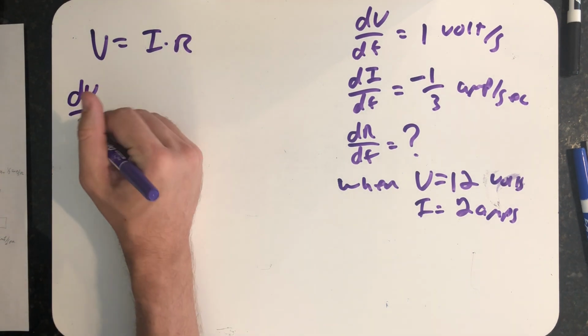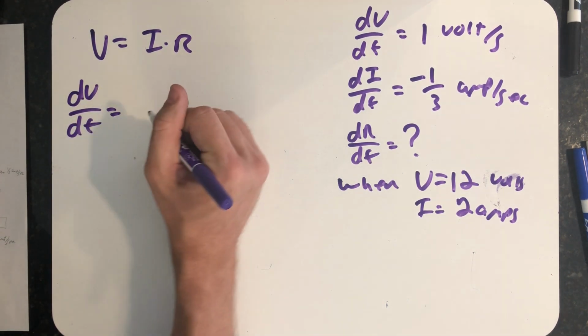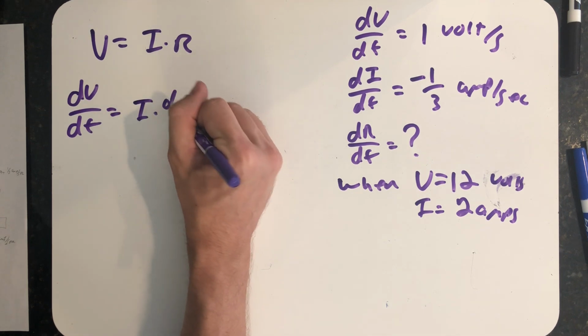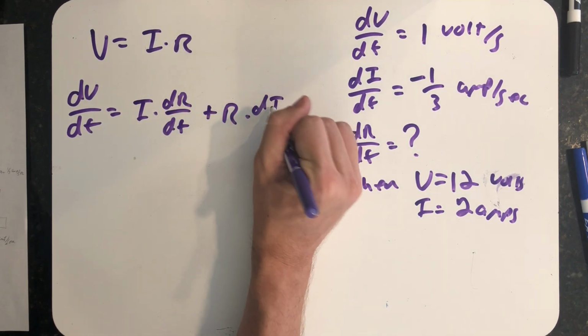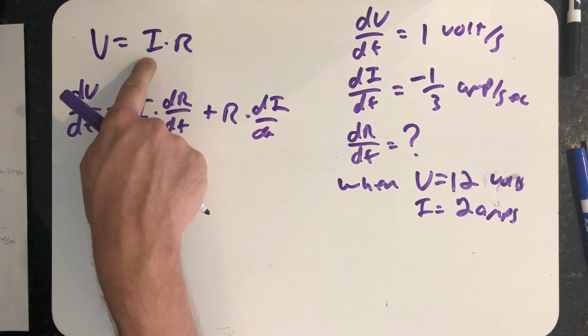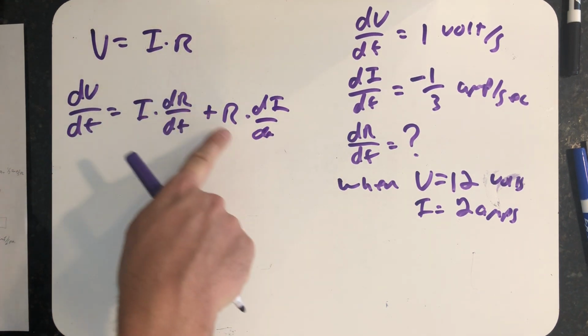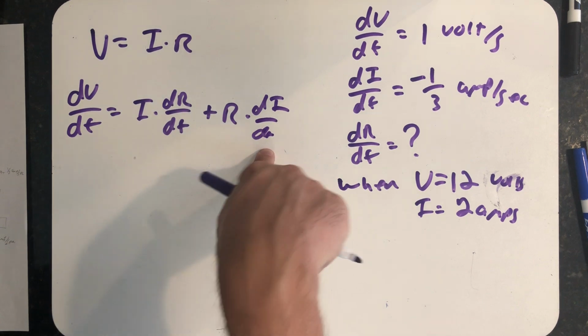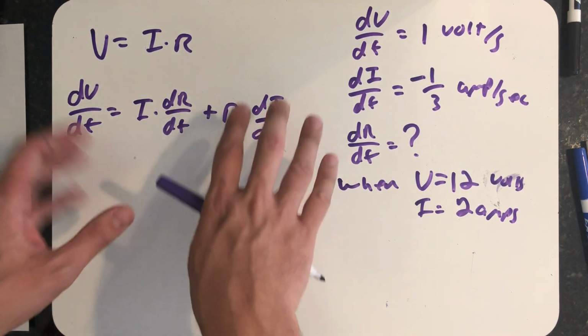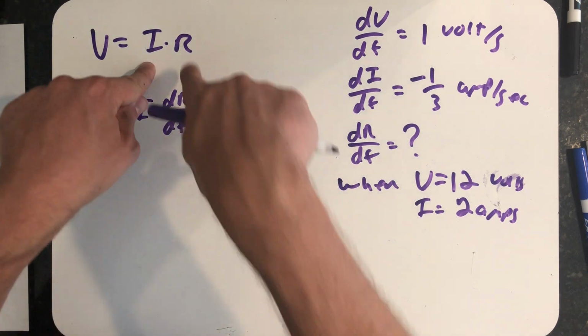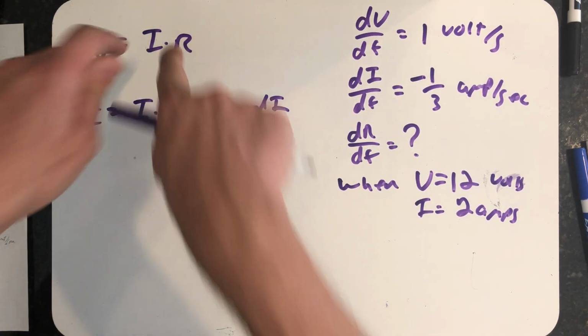The derivative of voltage with respect to time is equal to I times dR/dt plus R times dI/dt. The first times the derivative of the second plus the second times the derivative of the first. When I really just look at this formula, all this is the formula for the product rule. I have a first function times a second function.